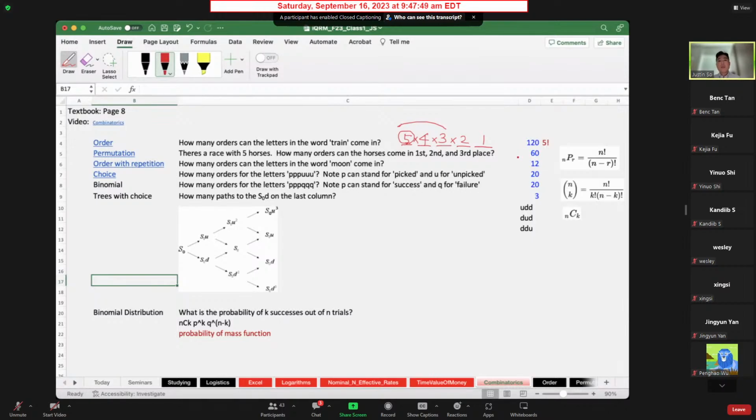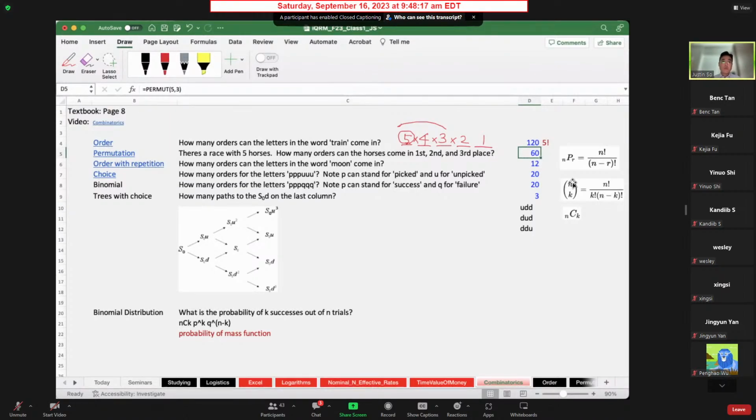It's important to understand intuitively how you calculate, but once you understand the intuition behind it, we want to know how to calculate mathematically and quickly. It's called the permutation. So there are 5 objects, and you choose 3, but you care about the order, as in a horse race.